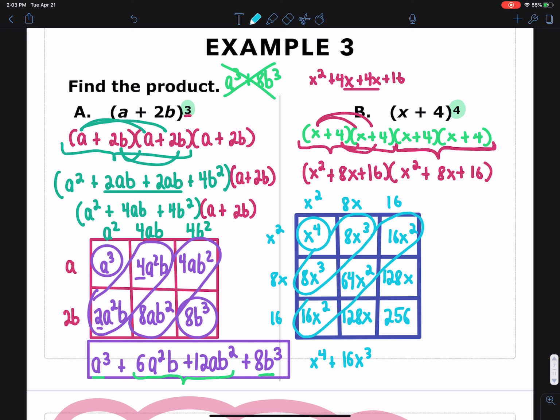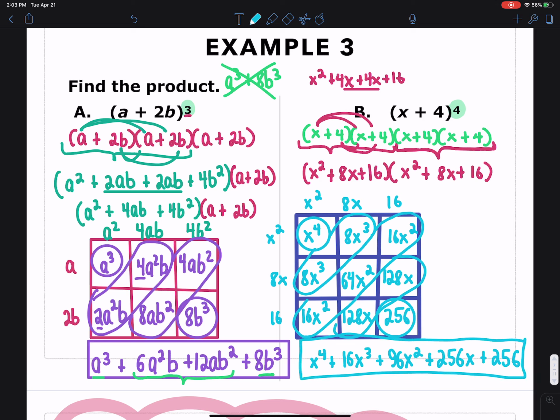And then we have essentially 32 plus 64, which is going to be 96x squared. 128 plus 128 is going to be 256x, and then plus 256. And there is your final answer.